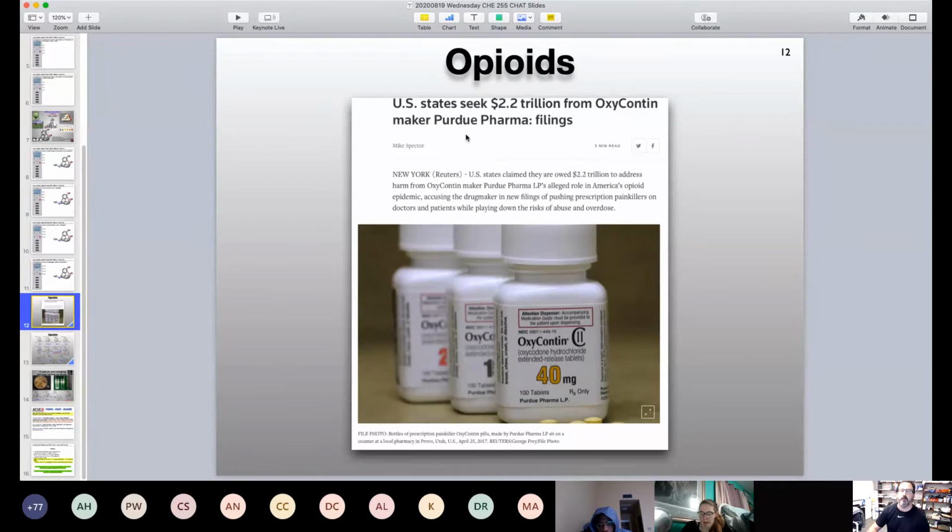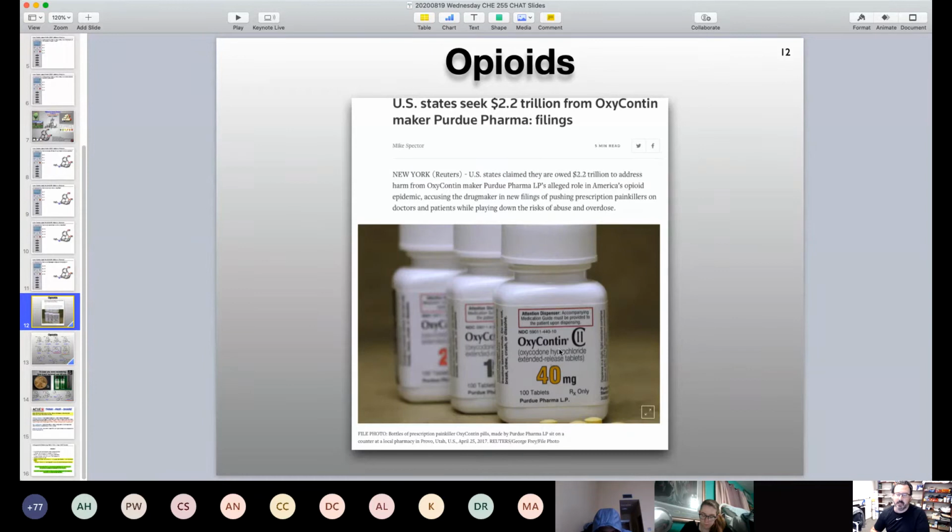So there's no way Purdue Pharma has that. But what this shows is that this molecule is so addictive that it's been overprescribed and people get addicted to it, and it's caused a lot of health issues.